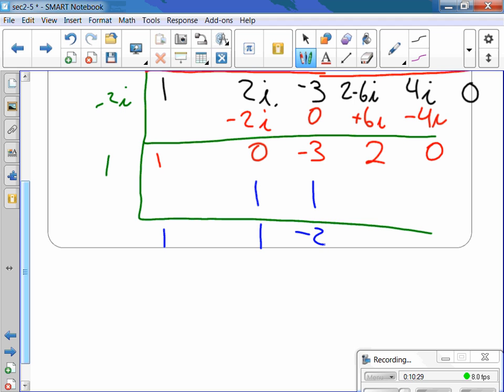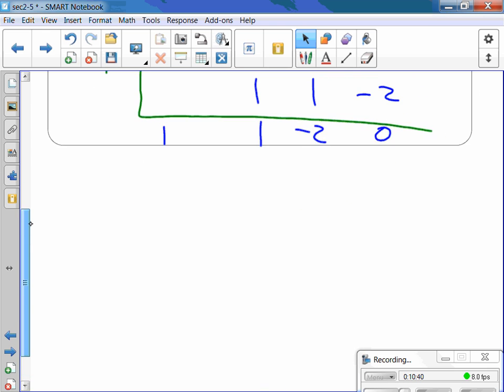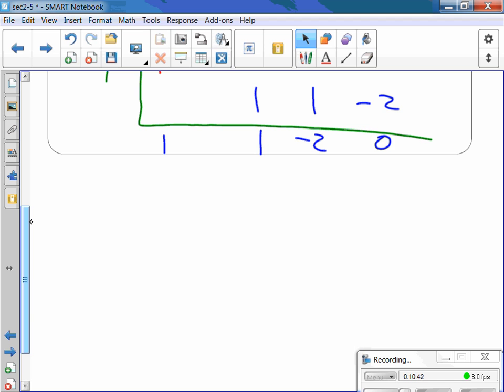Sure enough, that actually works. But now we have what? We have ourselves with that 1, 1, negative 2, what is that? Trinomial. It's a trinomial, but what degree? Second degree. This is my x squared plus x minus 2.